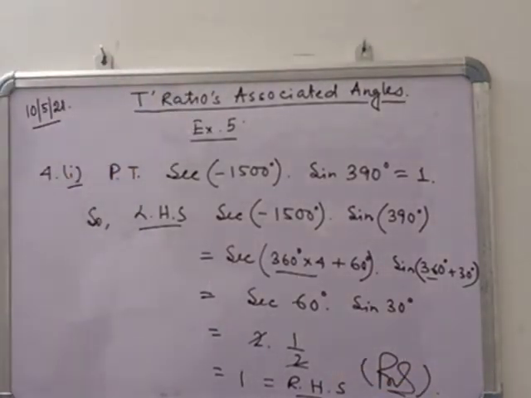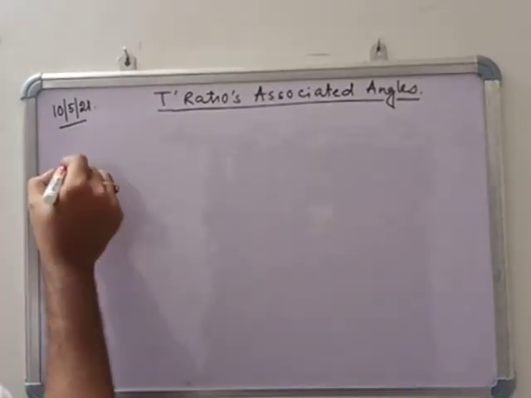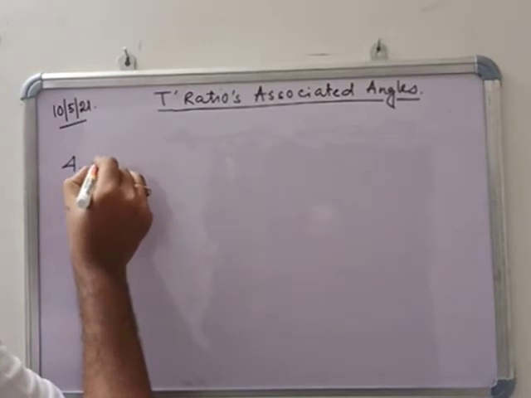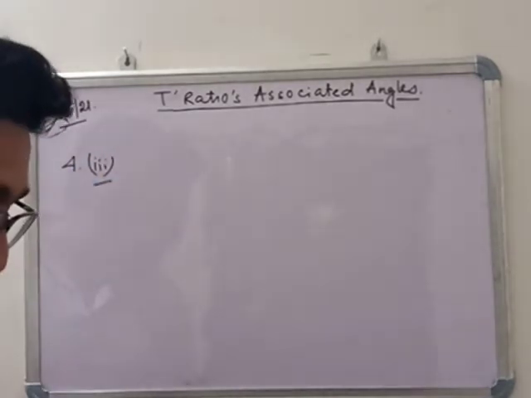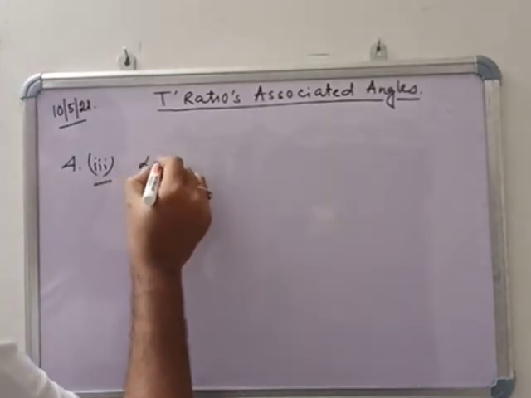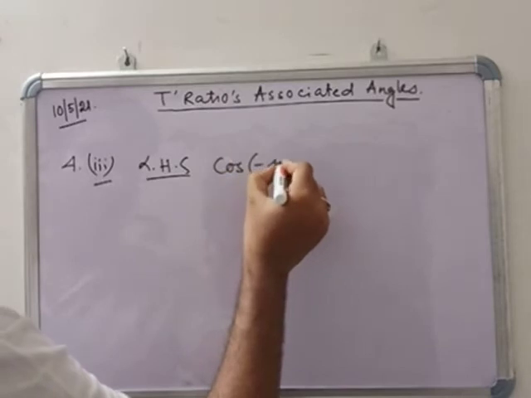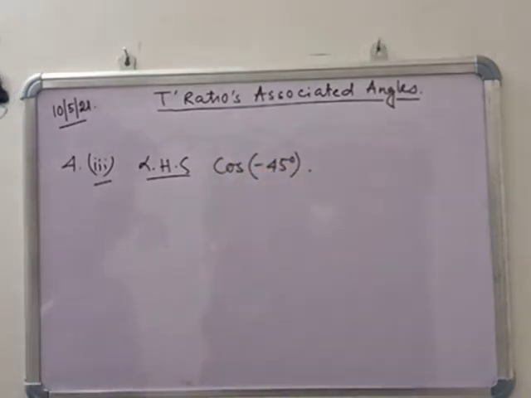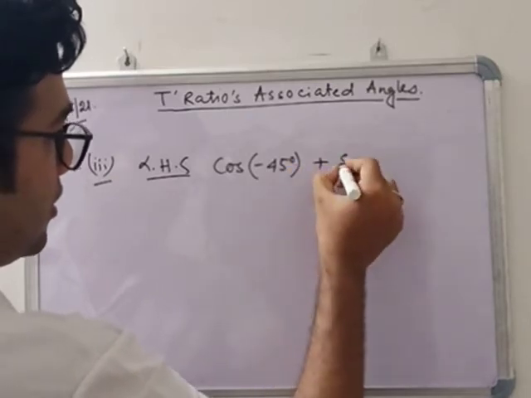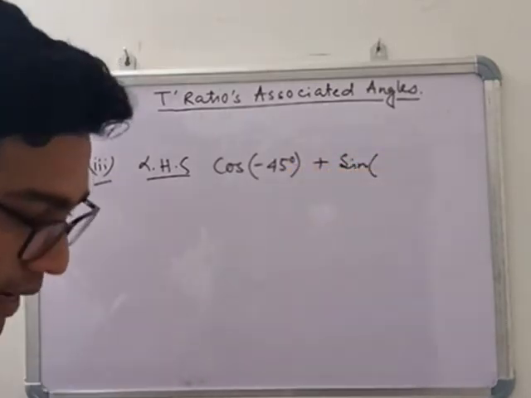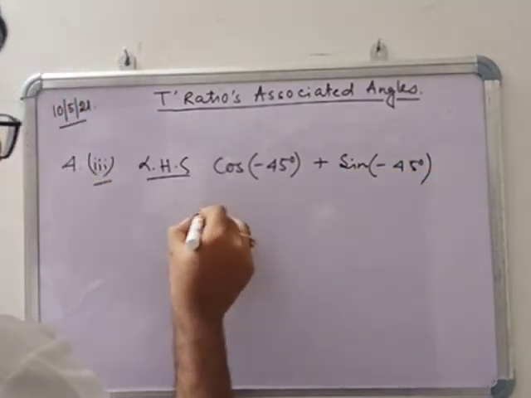Now, the next one. In 4B3, LHS: cos of minus 45 degrees plus sine of minus 45 degrees.